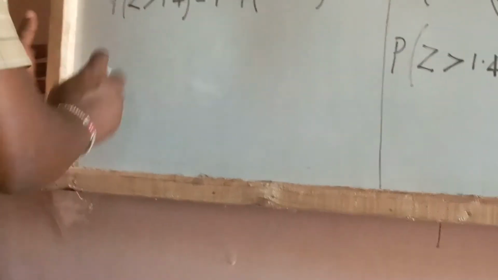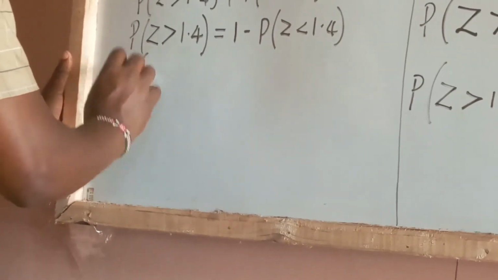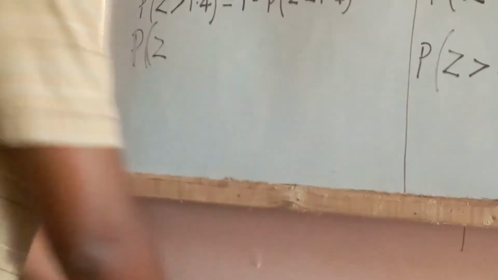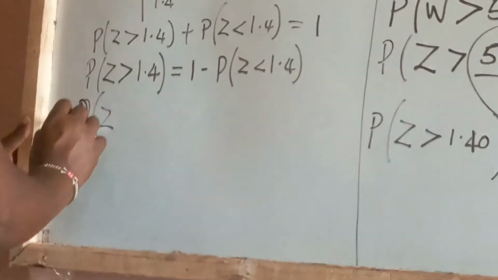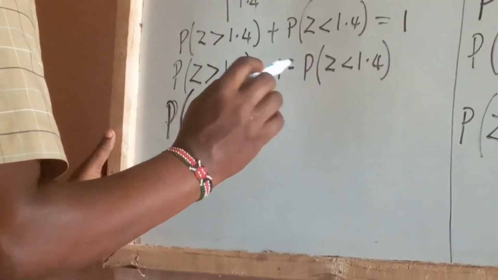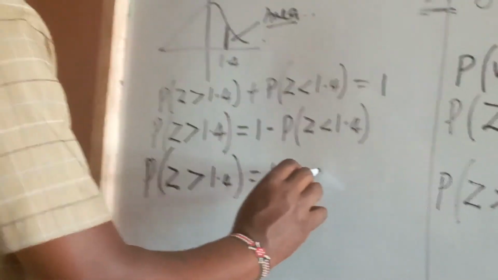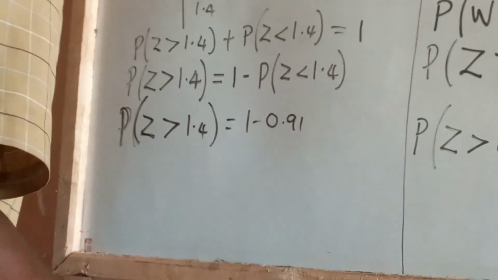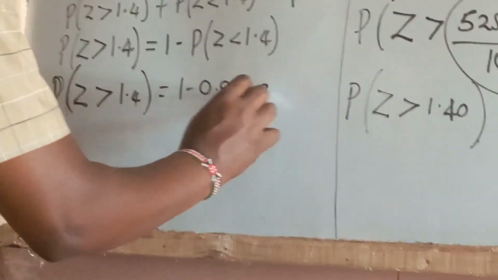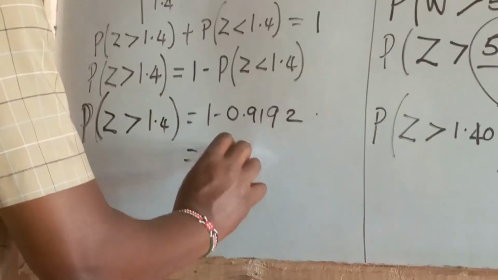So the probability that we have Z greater than 1.4 is 1 minus 0.9192, and this gives us, of course, 0.08.